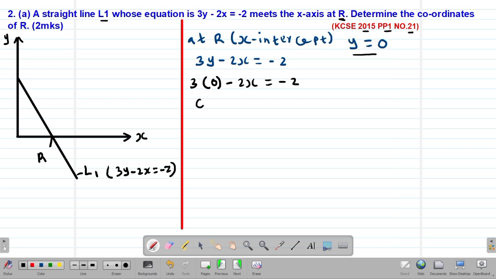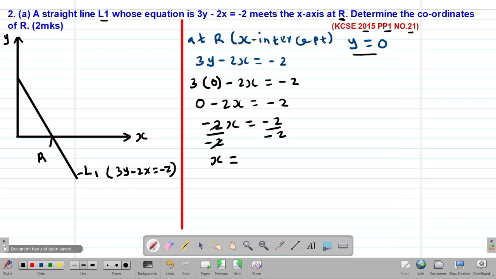So 3 by 0, I'll get 0. Then minus 2x equals negative 2, which simply implies that negative 2x is equal to negative 2. Dividing through by negative 2 on both sides, it implies that the coordinate of x at the point R will be negative divided by negative, you'll get a positive, and 2 divided by 2 you'll get a positive 1.